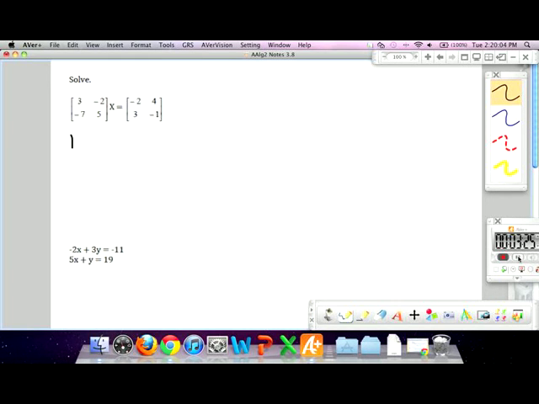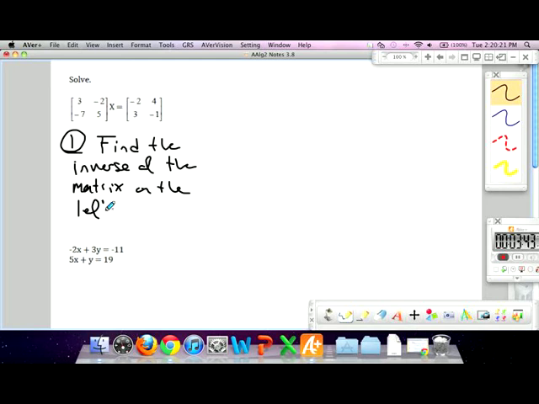To solve this matrix equation, first find the inverse of the matrix on the left. Let's find the inverse of this 2 by 2.